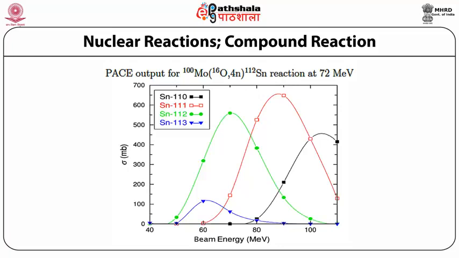Here various reaction cross sections are given. In the decay of the compound nucleus, as is clear from the picture, 4 different nuclei are produced, 110, 111, 112 and 113 tin, which shows that at different energies these cross sections are different.